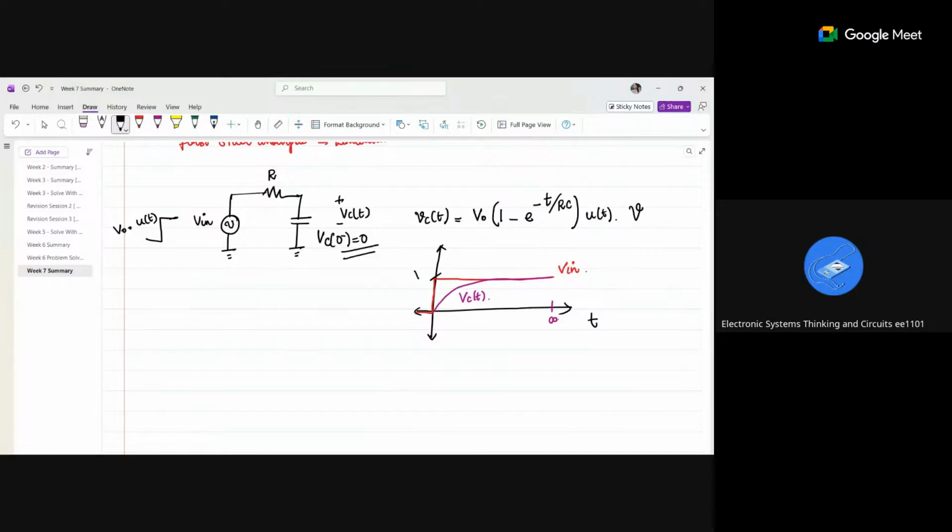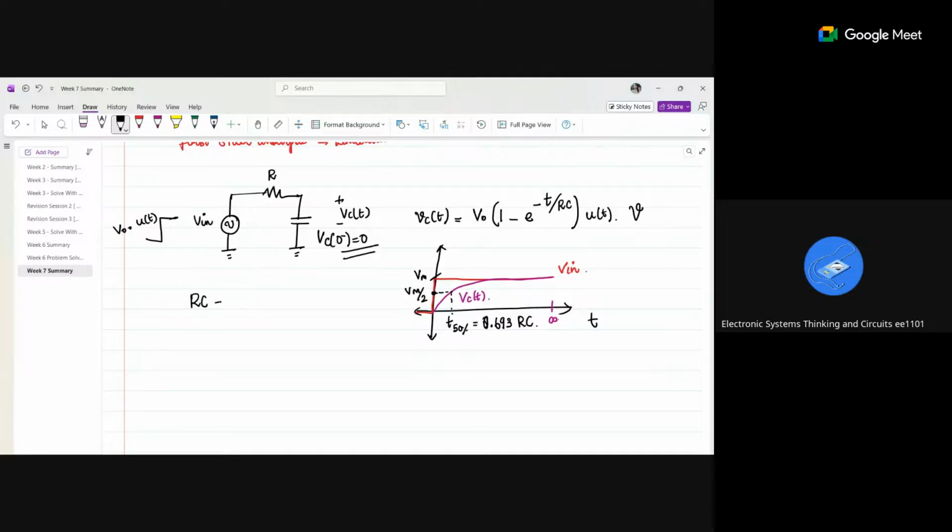So if this point is Vm, there is a point at which it reaches Vm by 2. What is this t? 0.693 RC, right?